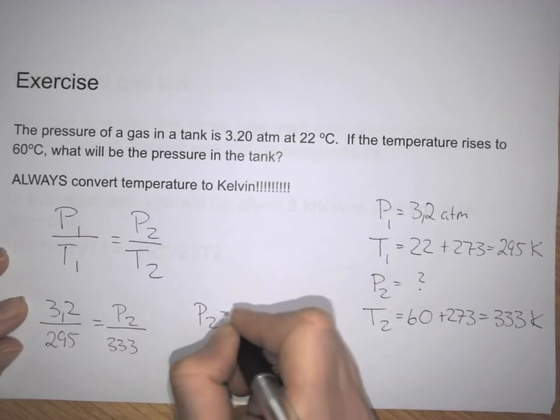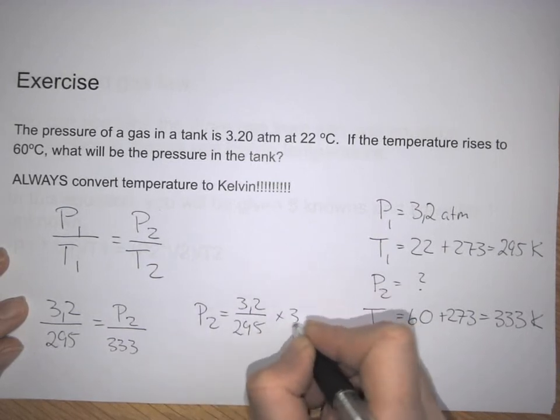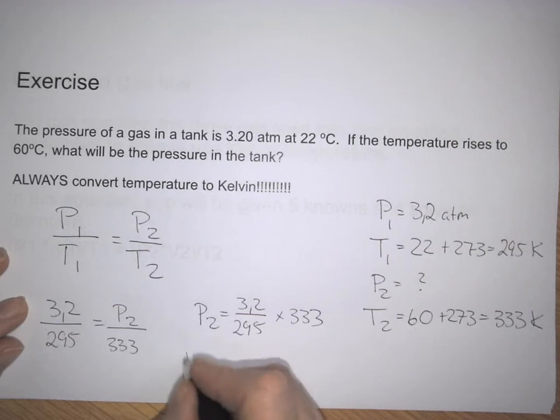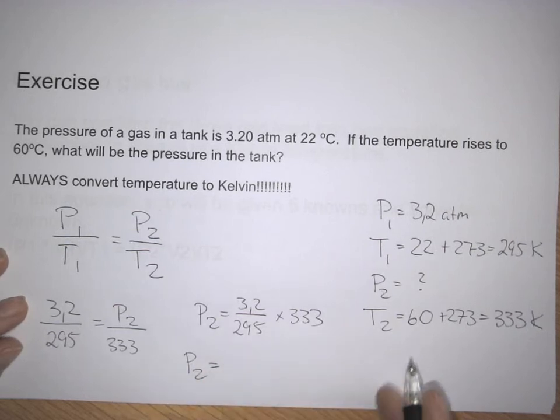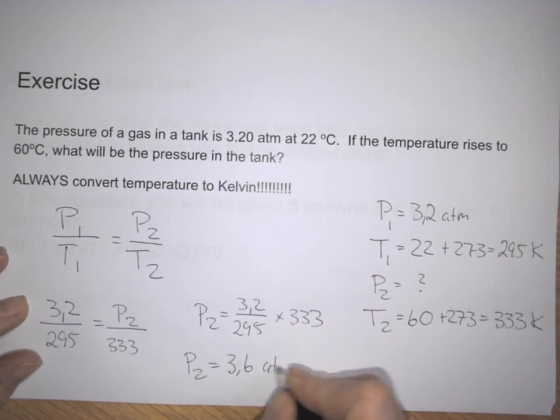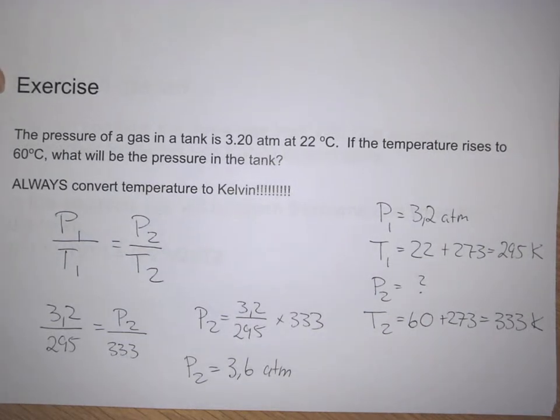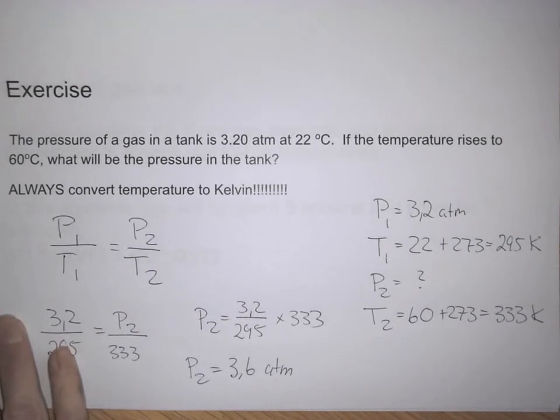So P2 is 3.2 divided by 295 times 333. So the pressure in the tank will be, if you put that in your calculator, 3.6 atm. So that was Gay-Lussac's law when we look at the relationship between the pressure and the temperature.